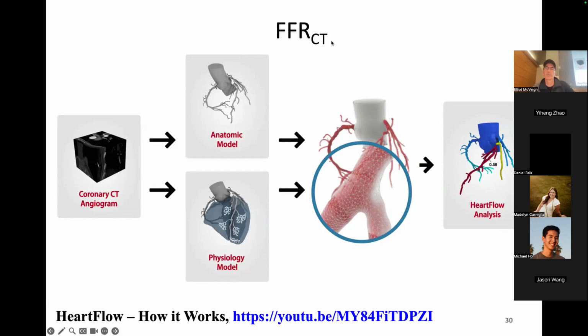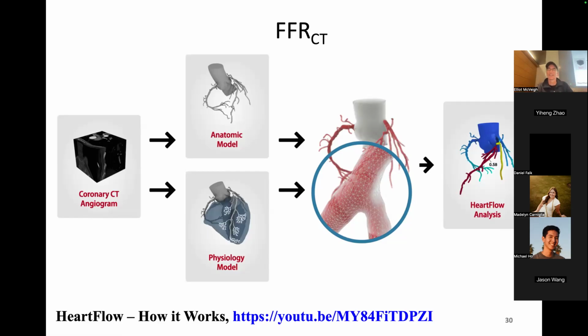So this company, this is a really interesting company, HeartFlow. They take anatomical models from the CT. They look at how much tissue is there, so how much blood is required: more tissue, more blood's required. And then they'll run a computational fluid dynamics simulation of the blood flowing through this CT.